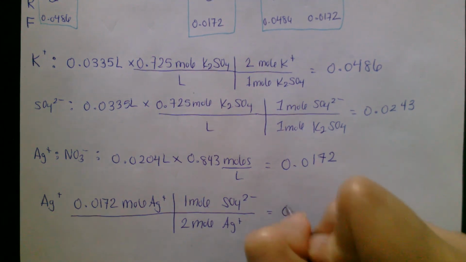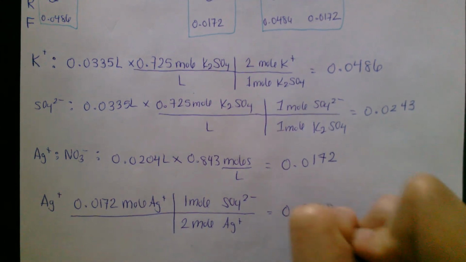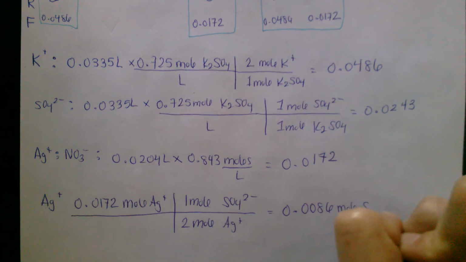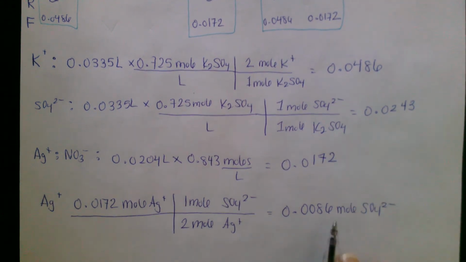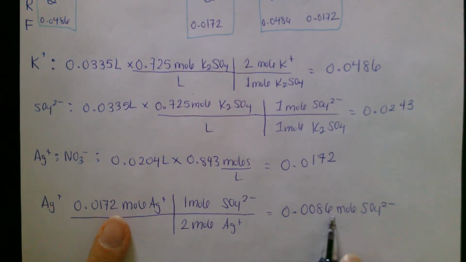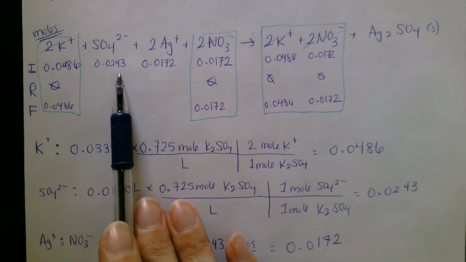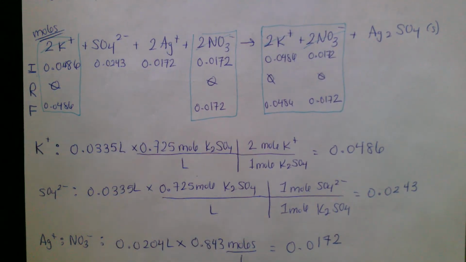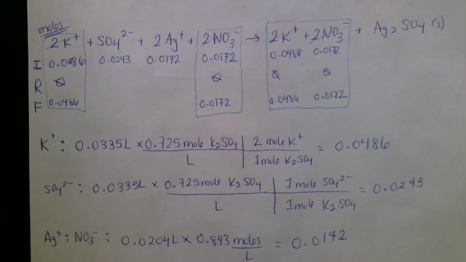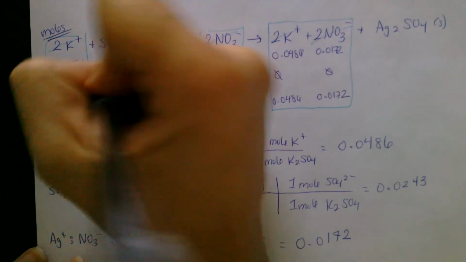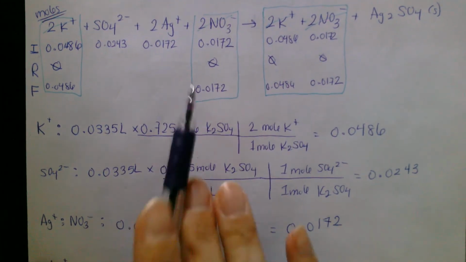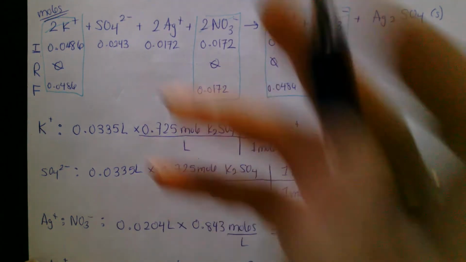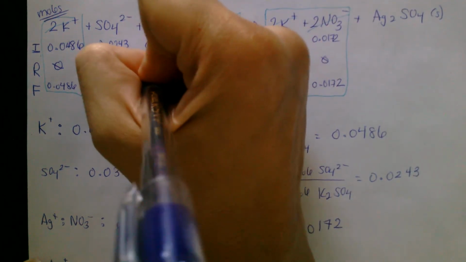So we need 0.0086 mole of sulfate. For all of this to react, that's how much sulfate we need. If we look up in our table, we're given way more than we need, so we have plenty. We confirmed that what we thought is true: silver is our limiting reactant, so we know we're going to use all of it.